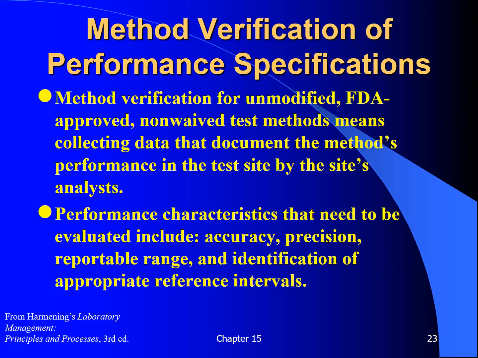Test sites developing their own methods or modifying FDA-approved test systems must also determine analytical sensitivity and specificity, appropriate reference ranges, and any other performance characteristics required for test performance.